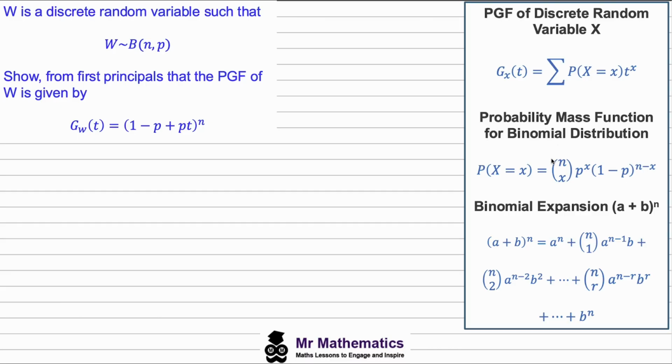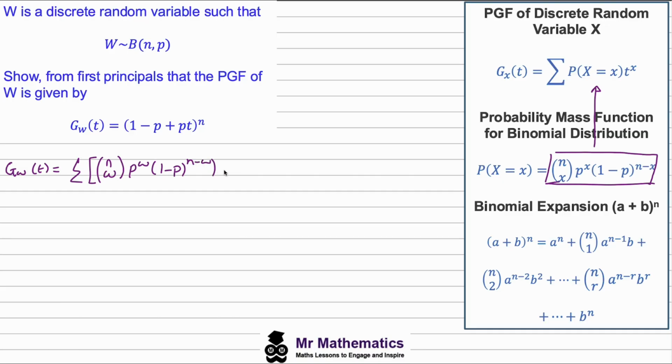Okay, so how did you get on with that? If we substitute this probability mass function into our probability generating function, then the generating function of w in terms of t will be the sum of n choose w multiplied by p to the w multiplied by 1 minus p to the n minus w, all multiplied by t to the w.